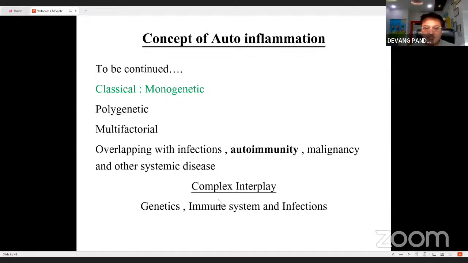After listening to this, it feels like a complex interplay between genetics, the immune system, infections, and other environmental factors, and it can present with autoinflammation, autoimmunity, or both. So this concept is still evolving.